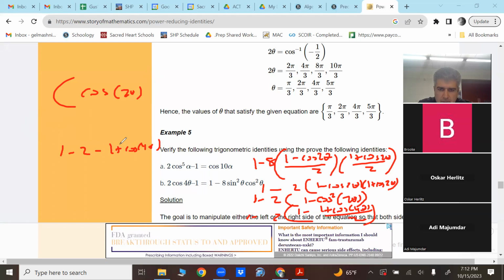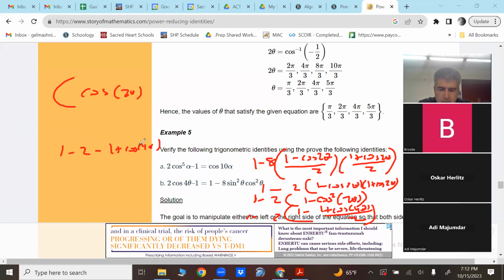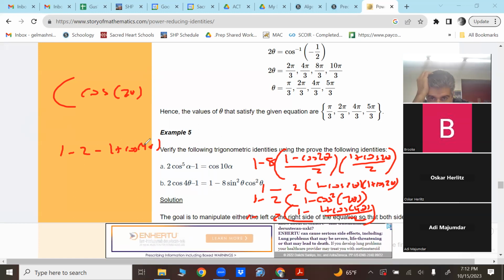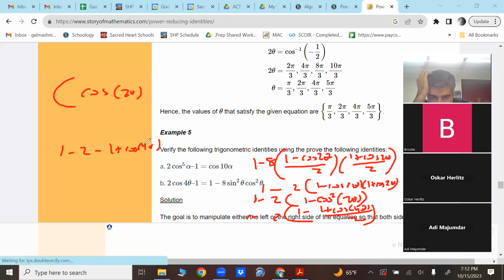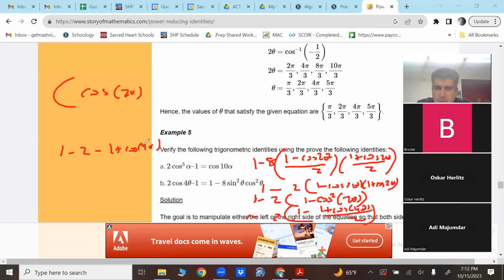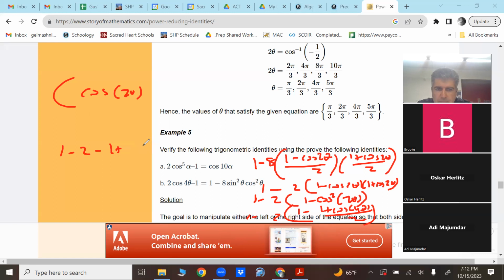Oh yeah, and it's 2 over 2, but it's also 2. No, 2 cancels 1. Well, something seems a little off here. But no, I'm on the right track. That's for sure.